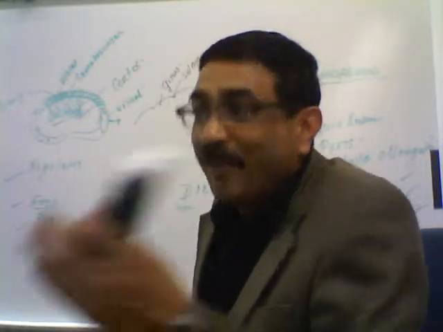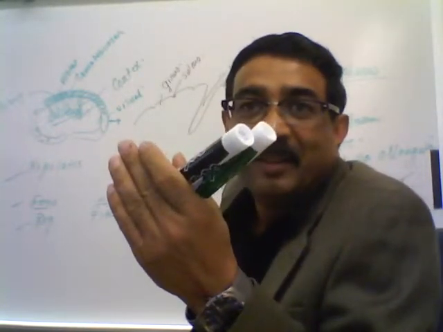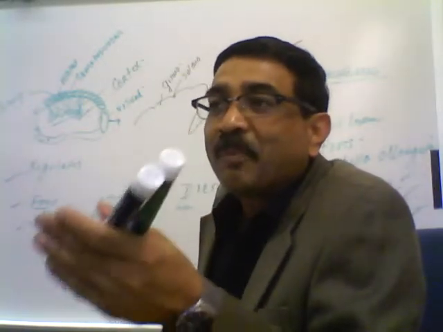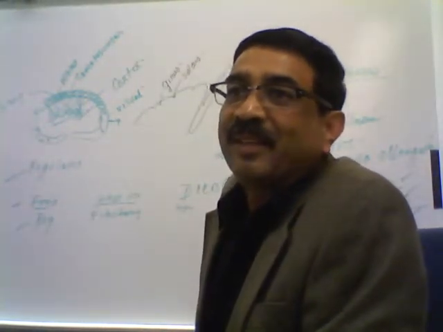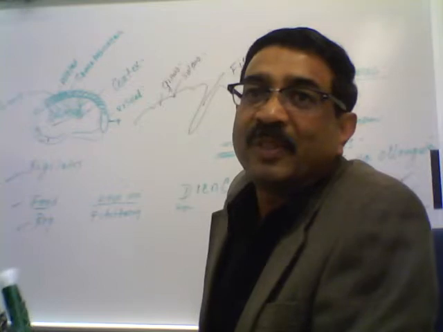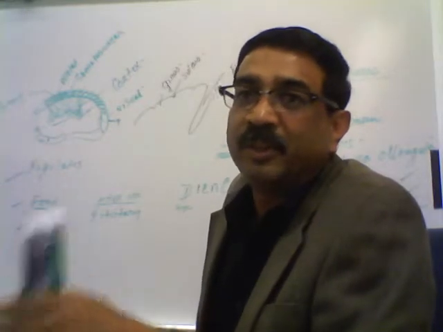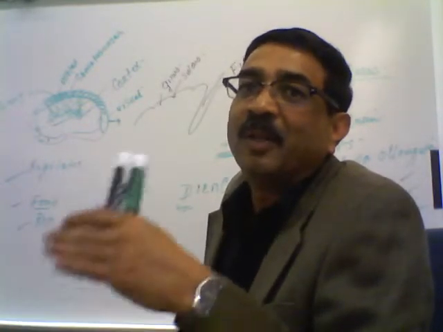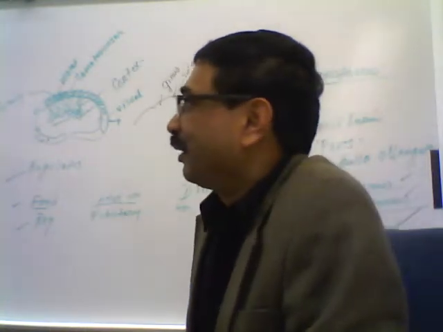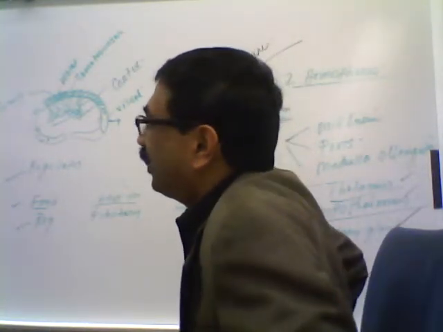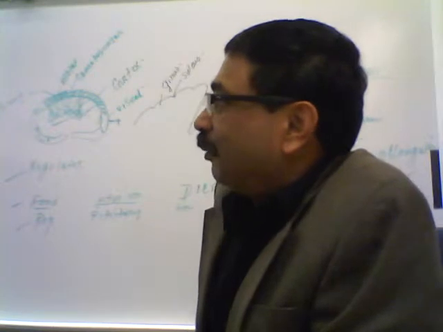Frontal. All the way back of the frontal lobe, right? Postcentral gyrus, which is also called primary somatosensory cortex, is located in which lobe? Parietal. All the way at the front part of the parietal lobe. Remember that.